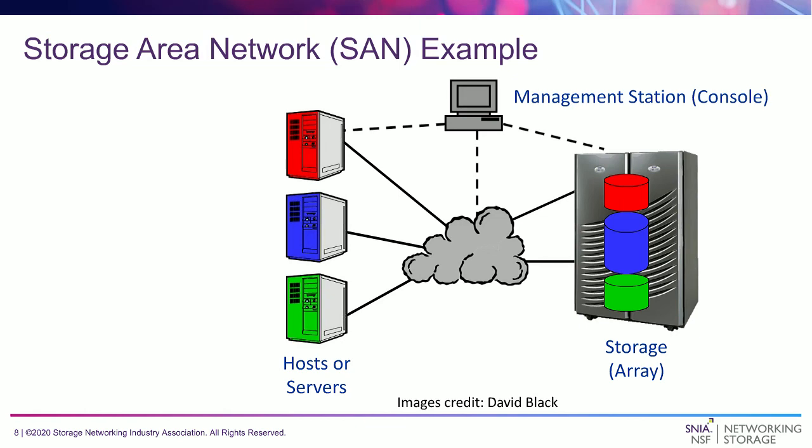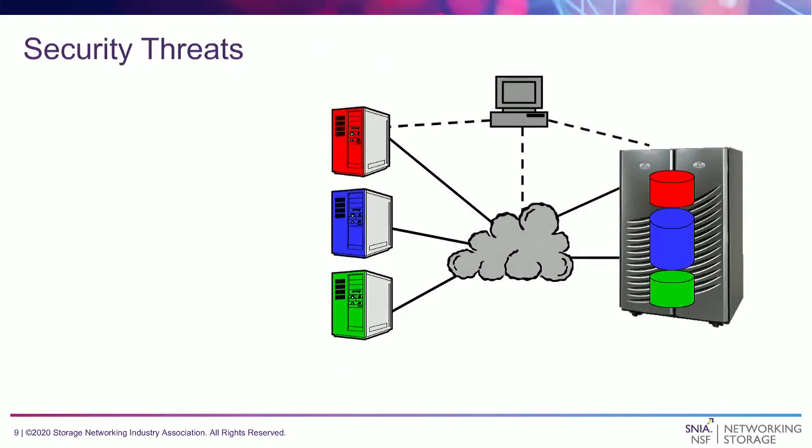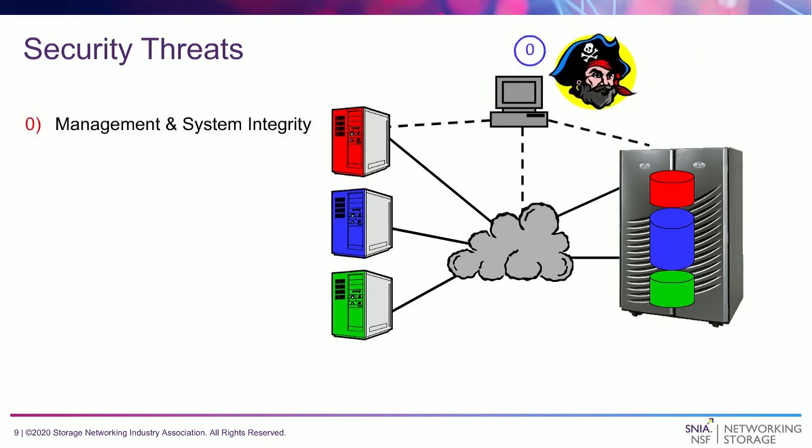So let's look at the security threats that this environment can encounter. First of all, there could be attacks on the management and system integrity of your console. That's a big deal because that is your point of control. If an attack appears there, we will have some trouble.